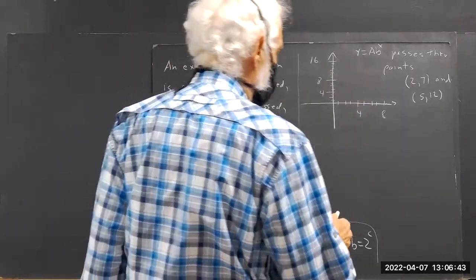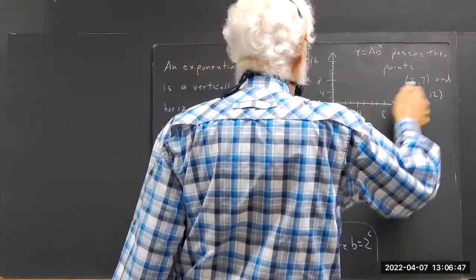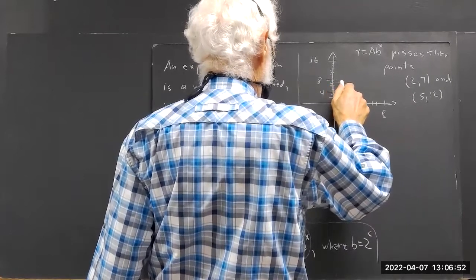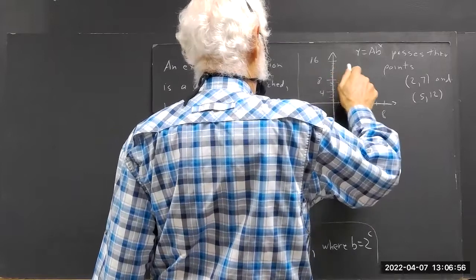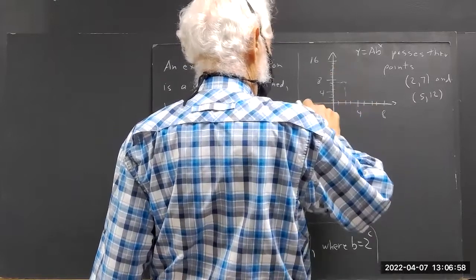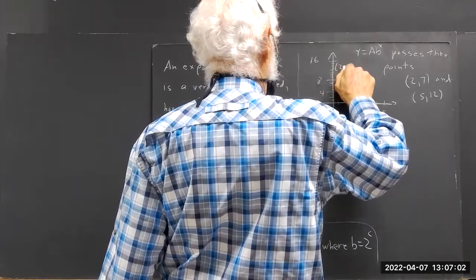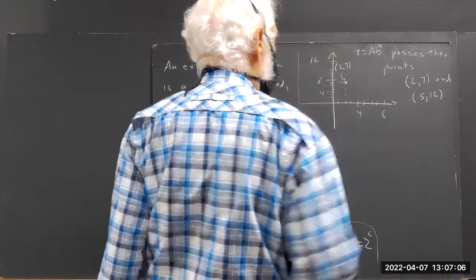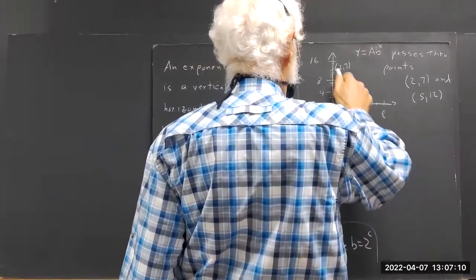Not particularly well scaled. (2, 7) would be here, that's a point on our graph, and (5, 12) is a point on the graph.